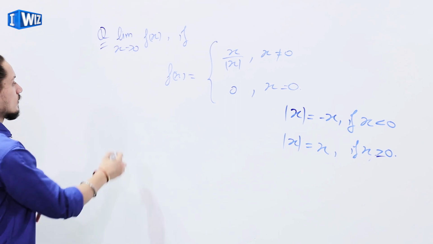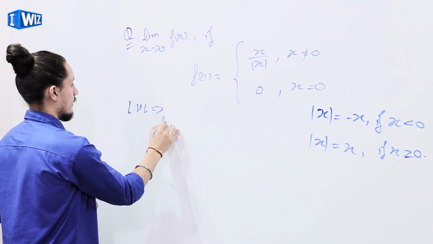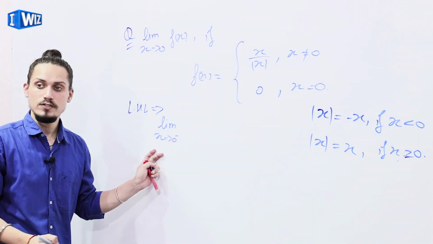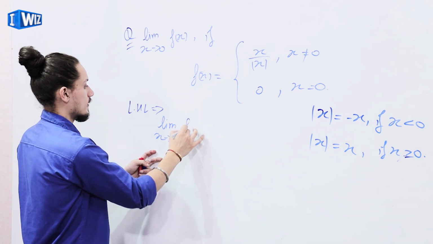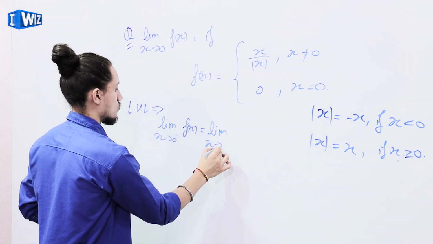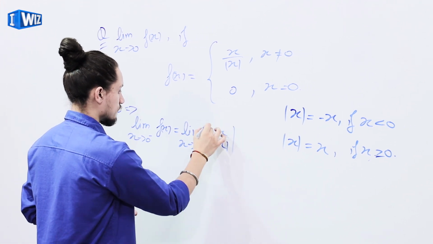Now let's begin. Left hand limit in this case will be equal to limit x approaches to 0 from the left hand side, so negative on the superscript, f of x is equal to limit x approaches to 0 negative x upon x mod.